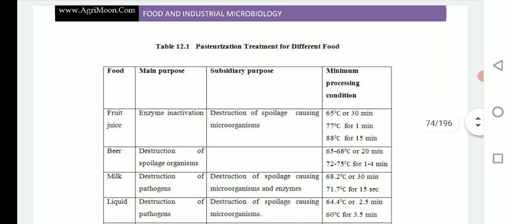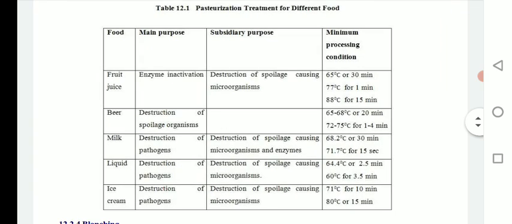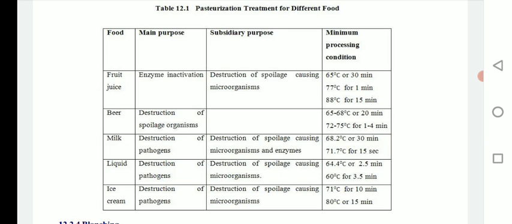So these are pasteurization treatments for different foods. Here different foods are listed, the main purpose of the technique is mentioned, the subsidiary purpose is also mentioned, and the conditions of pasteurization are given. First, in case of fruit juice, the main purpose is inactivation of the enzymes present in fruit juice.